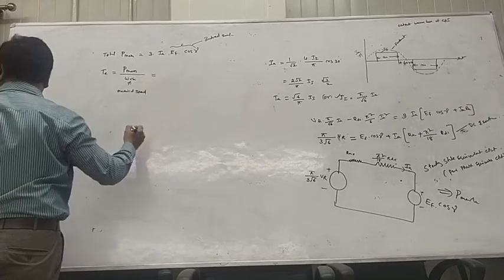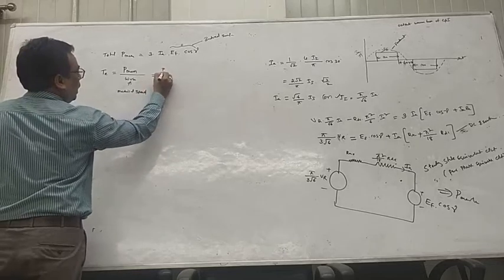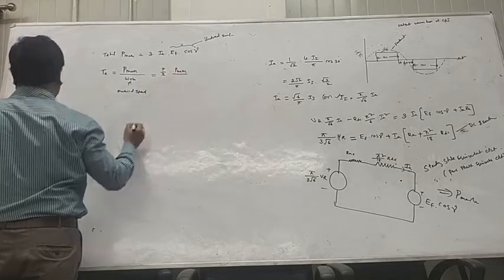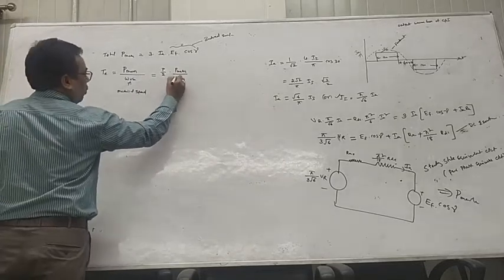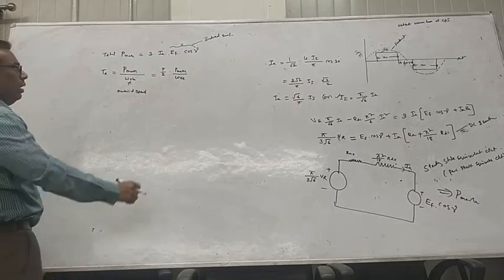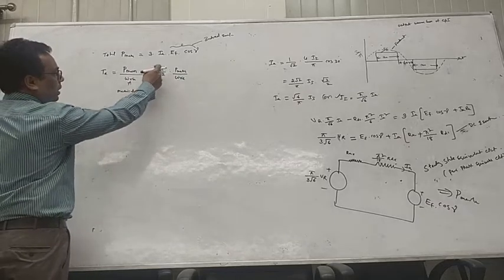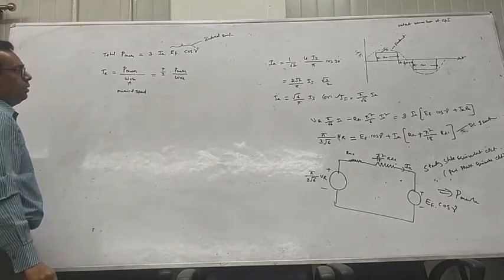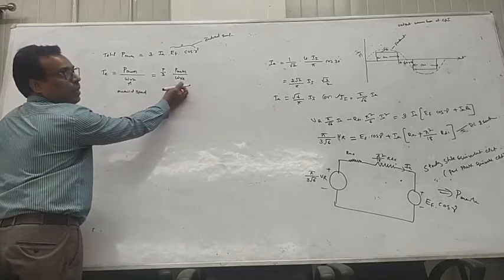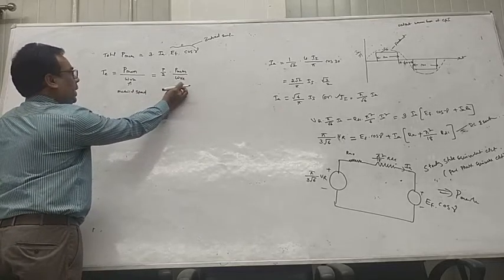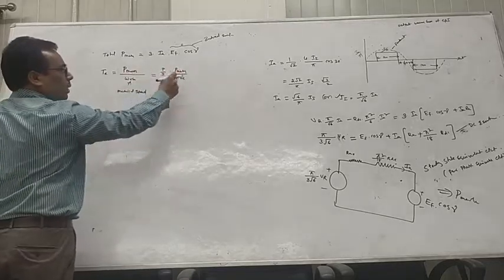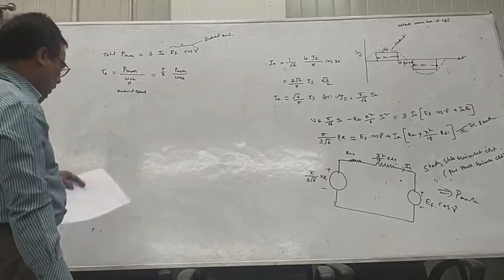So that is equal to P by 2 into P mechanical divided by omega Re, the electrical speed. I am converting between mechanical speed and electrical speed using the factor P by 2. Omega Re is the electrical speed and omega Rm is the mechanical speed.